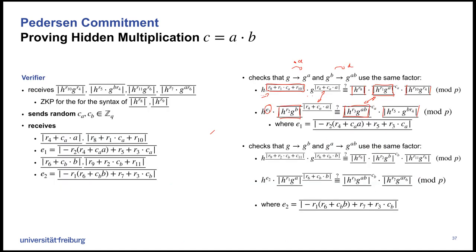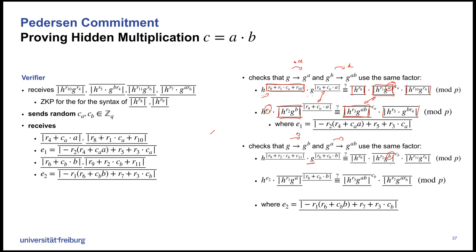On the bottom line, first of all, we do the same trick by multiplying by A and here multiplying by B. We show that the first one is some power of g going this direction. So we know that this must be some kind of factor g to the b and this g to the a, and all these h's are just kind of hiding.